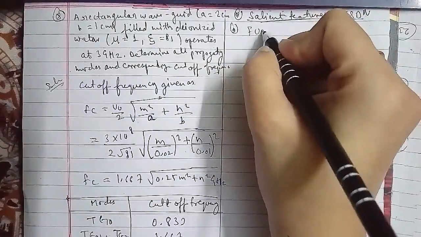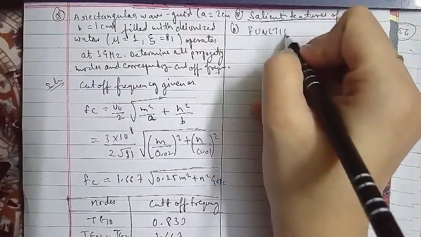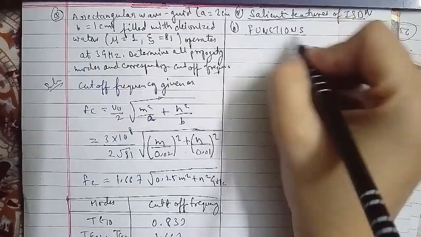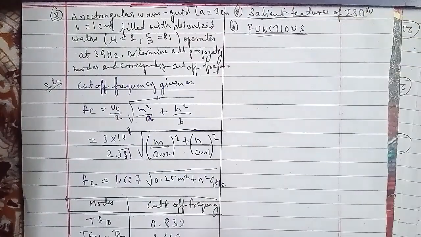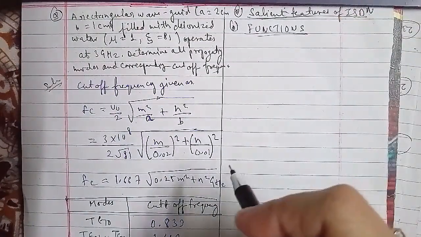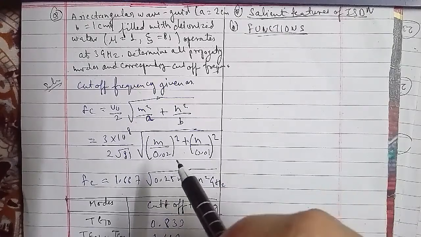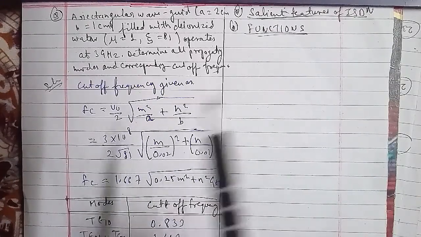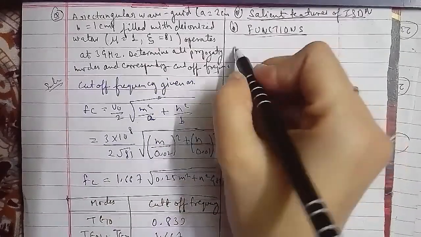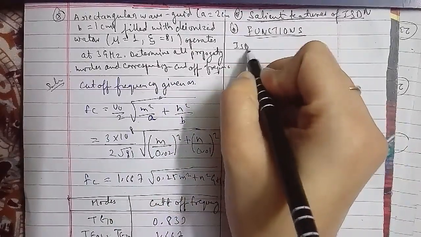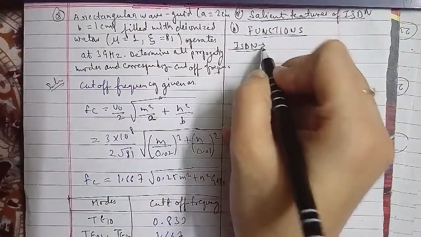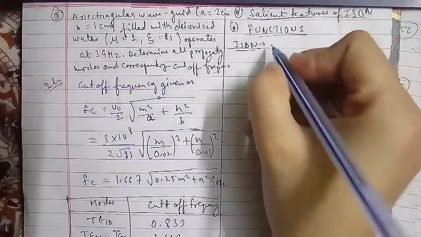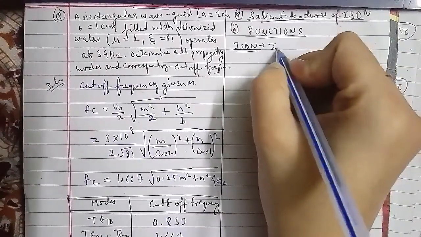Now they can ask you what is ISDN and to draw the ISDN communication architecture. In the case of ISDN, I will just mention the full form, because if you don't know it, that is a problem. ISDN is integrated services digital network.